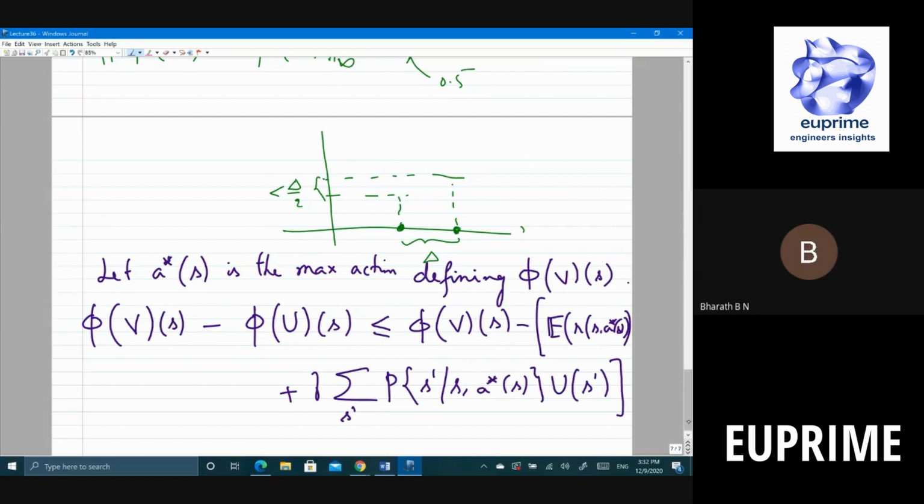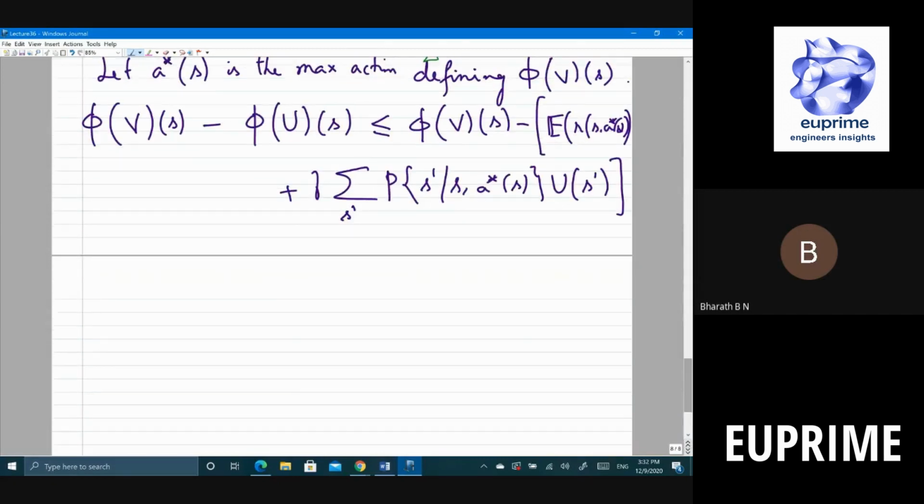Okay. Now I'll write the next step. So you should tell me why. Why is this true? Okay. So now I can write this as new summation for all S dash, probability of S dash given S comma A star of S. Okay.